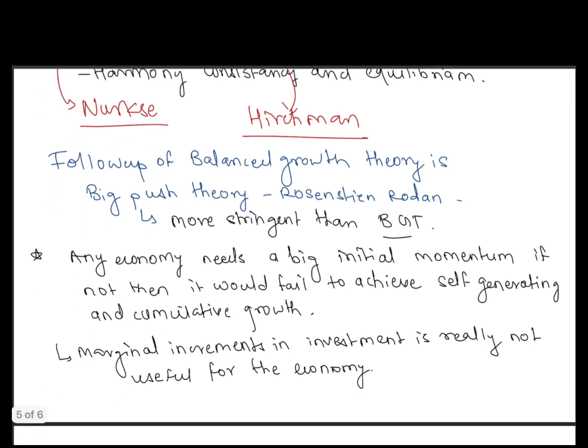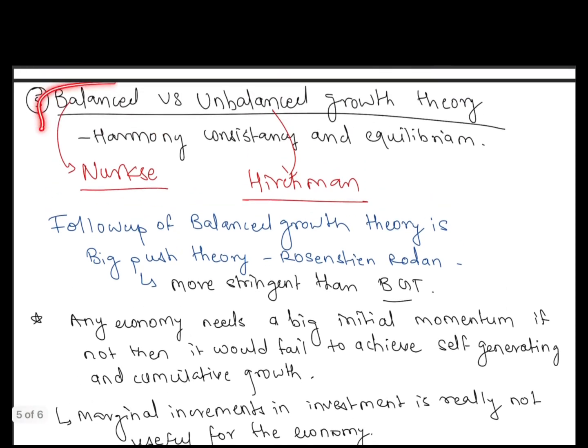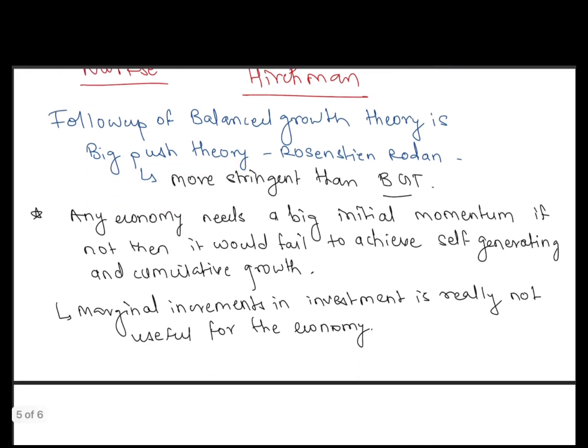Balanced growth was pushed by Rosenstein-Rodan, who gave the big push theory, where he says that any economy needs a big initial momentum. If not, it would fail to achieve self-generating and cumulative growth.